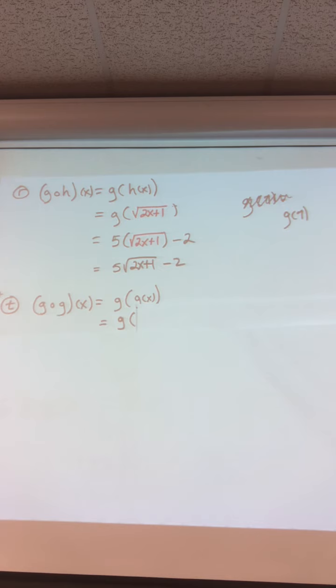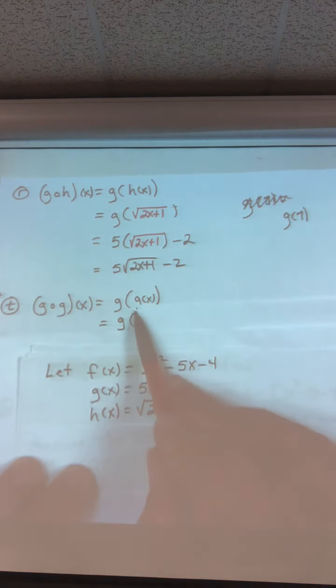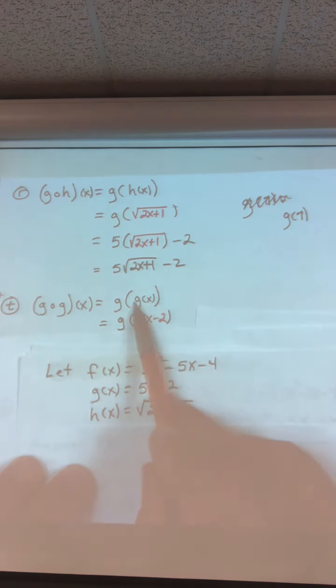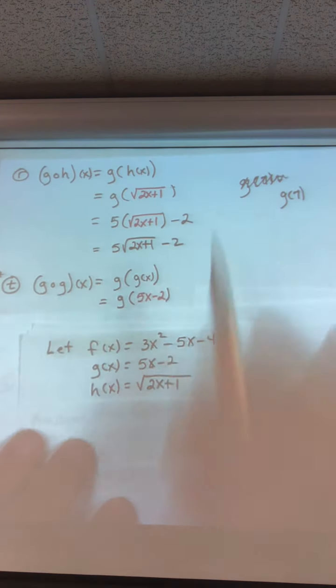Now, inside this big parentheses, I'm going to put what G of x is. What is G of x? It's 5x minus 2. So replace G of x with 5x minus 2. Now, the last step.